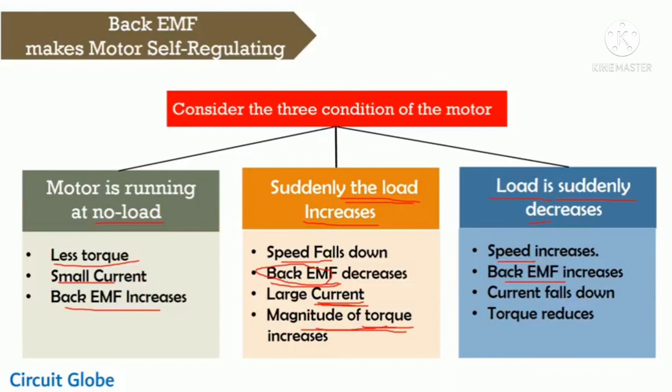So if the magnitude of back EMF increases, the current falls, and current is directly proportional to the torque, so the torque also reduces. Here we are reducing the load, which means we need less torque for the motor. So with the help of the back EMF, we reduce the torque.